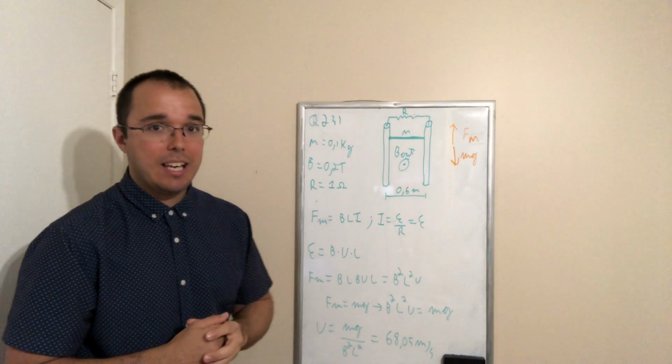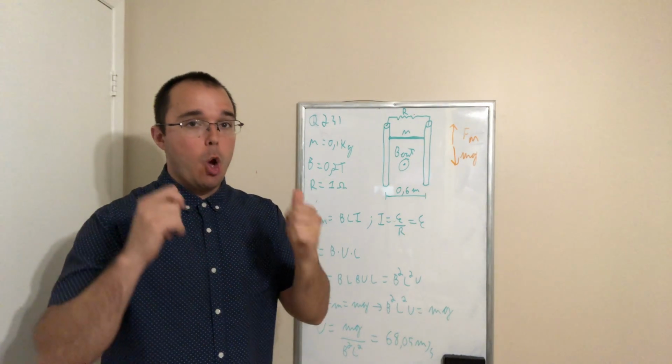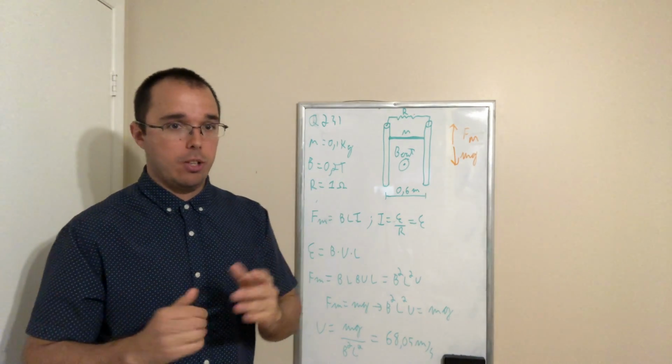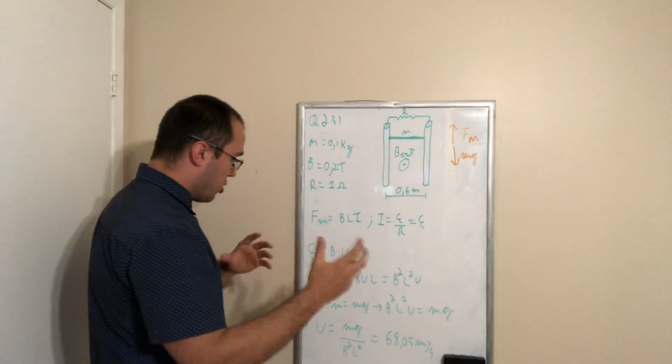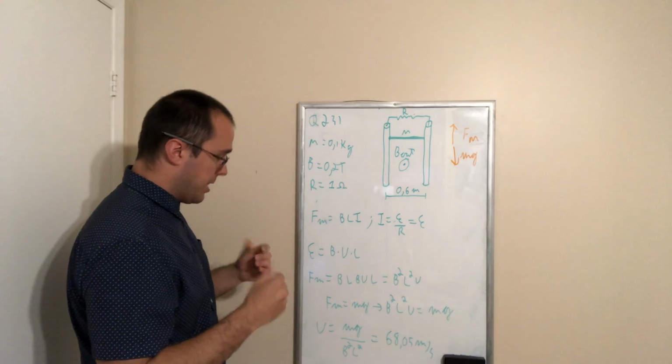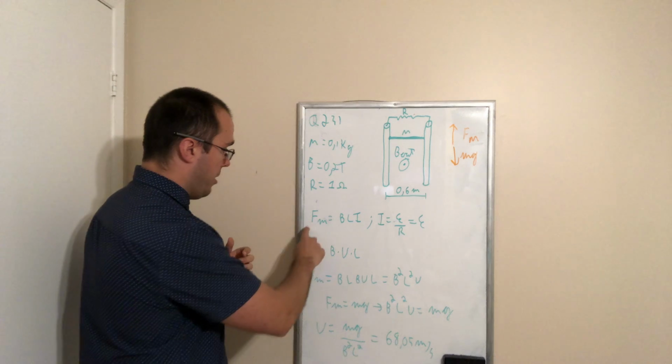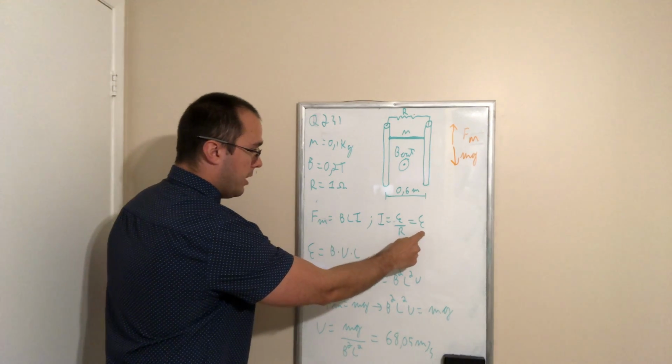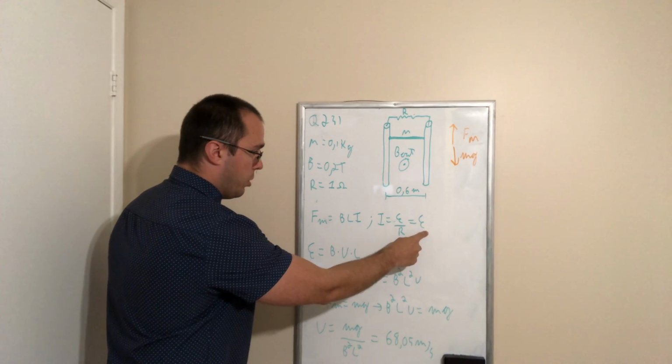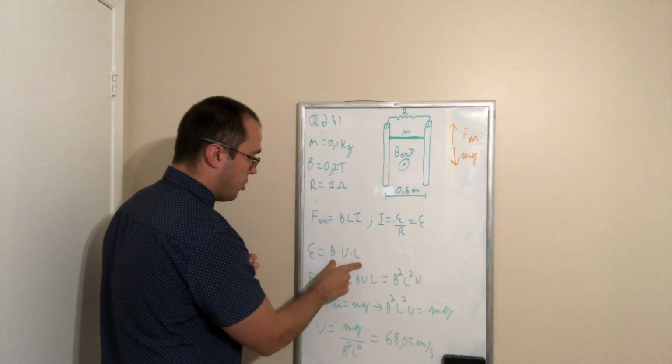Note, this velocity will be the maximum velocity when the two forces cancel out. So let's just get a simplified formula for the magnetic force. We replace the current by the electromotive force, and we replace the electromotive force with this term.